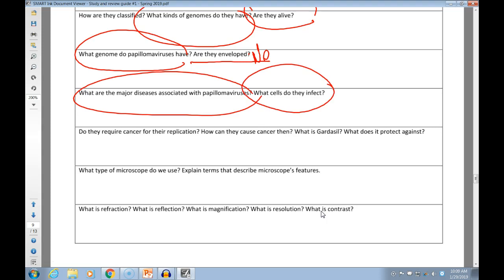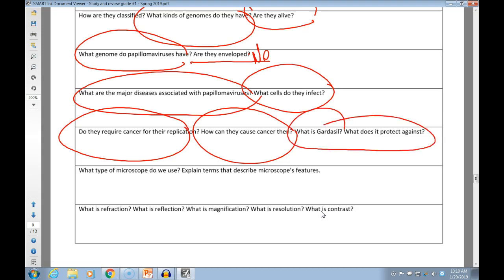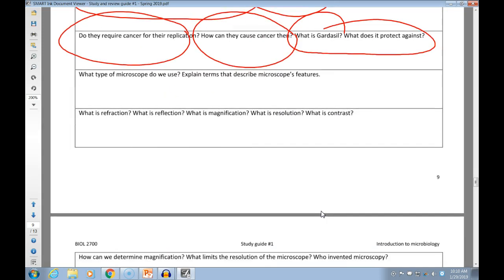They do not require cancer for replication, but they cause cancer by increasing proliferation, cellular division. Cells accumulate mutations and eventually turn into the cancerous phenotype. Gardasil is the vaccine that protects against 2 strains causing cervical cancer.